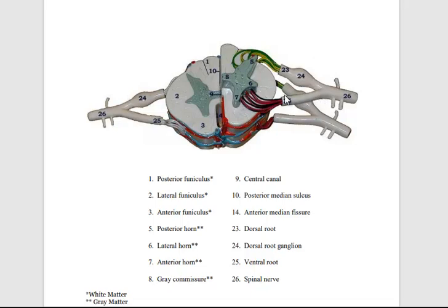So as you're coming out between the lateral and anterior, you're going to have your ventral root. And then back here where there's your posterior, that's where you're going to have your dorsal root. So that's one of the reasons I call it the dorsal horn.